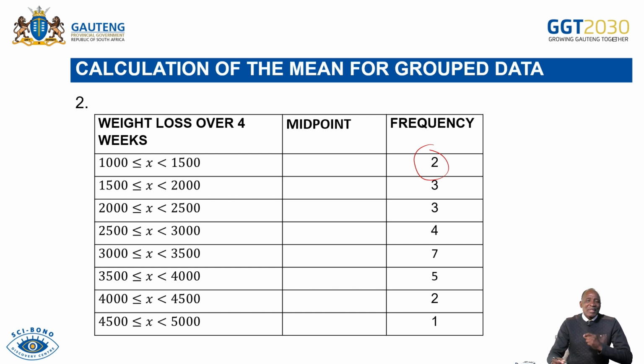When data has been put into classes, the best is to work with what we call a midpoint. A midpoint being the value that is in the middle of 1,000 and 1,500. You start listing numbers from 1,000 up to 1,500 and determine which one is in the middle of 1,000 and 1,500.